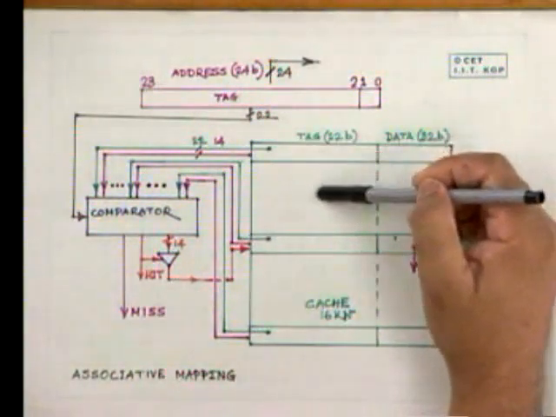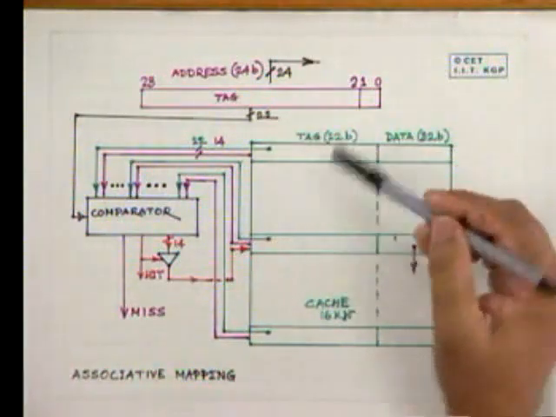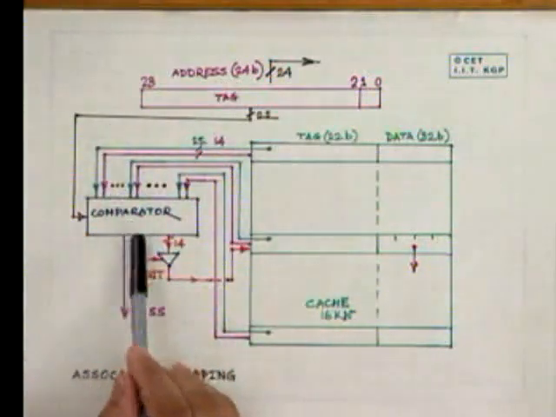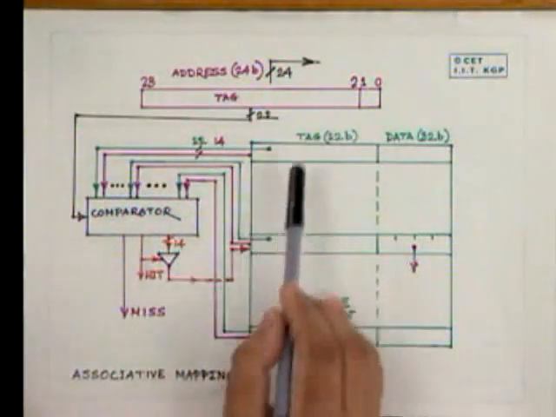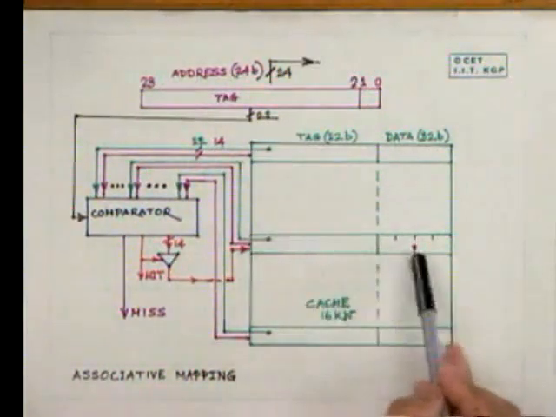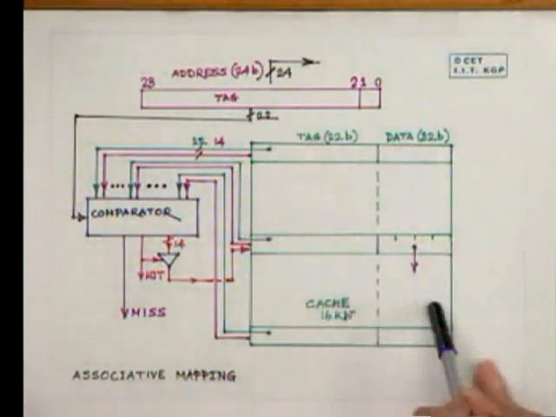If any one of these tag fields turns out to be equal to the tag field of the address thrown by the CPU, then it is a hit, which means that particular block's address exists here and therefore its content exists, and that content can be taken out of the cache memory.